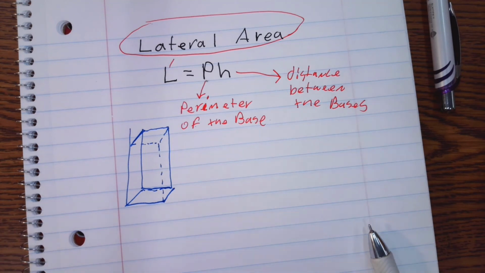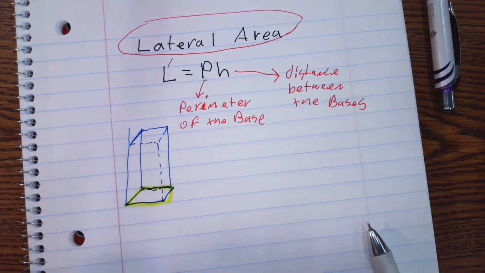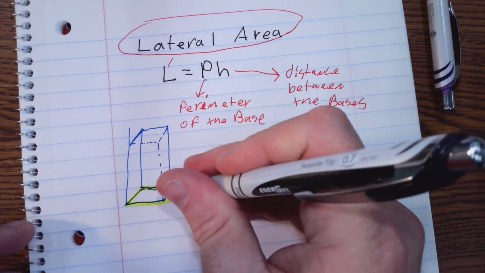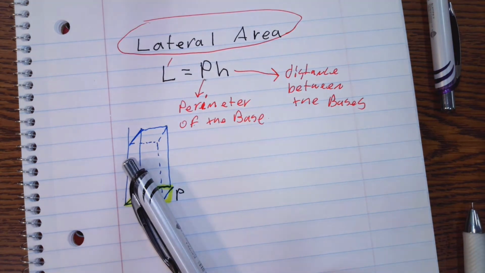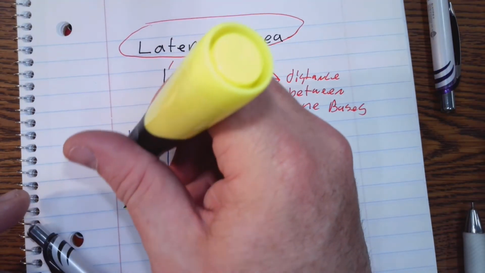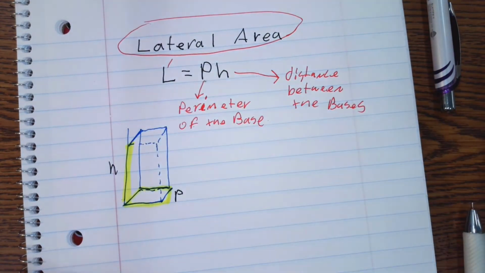So we're going to look for the perimeter of the base right here. That's going to be your P. And right here is going to be your height. And it can be really any of these edges, right? That's going to be your height. All right, so this is how you're going to do your problem.